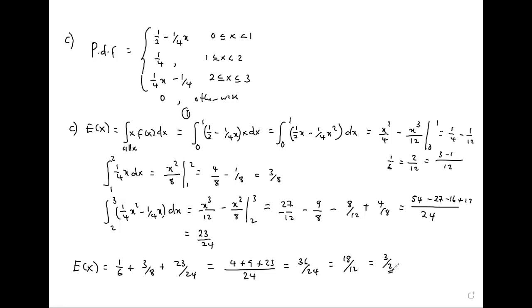The standard deviation is just the square root of the variance. So if you're asking for standard deviation, the square root of the variance of x. And the variance of x is the expectation of x squared minus this guy squared.